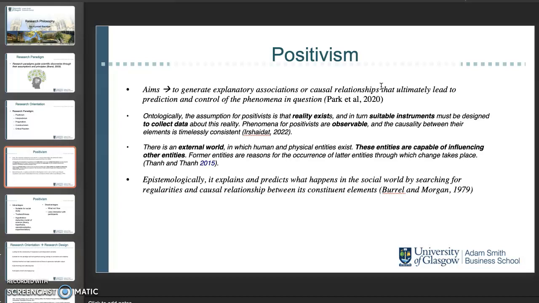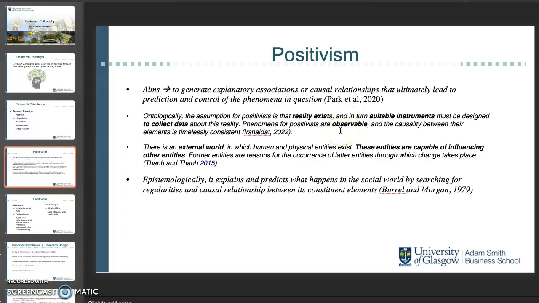Ontologically, for us positivist people, there is an assumption that reality really exists in the real world, right? So that assumption needs a suitable instrument designed to collect data, to test this assumption and this reality.